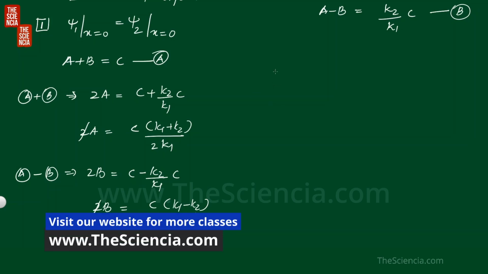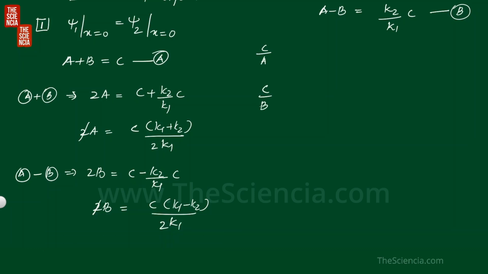Now I want to evaluate three parameters. One is c by a, another is c by b, and the third one is b by a. What will be the value of these three?